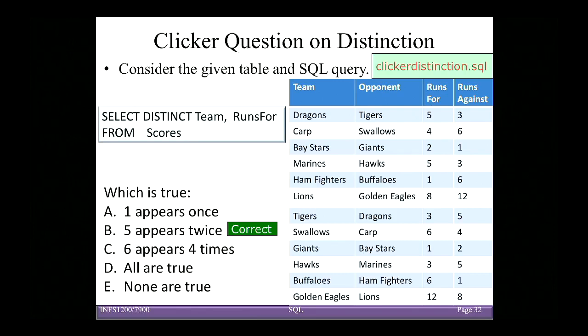All right, quiet down, please. That's a good question. So the question is, can I move distinct from here to here, after team before runs 4? And what do you think? Yeah, no. Because that distinct doesn't mean that team needs to be distinct.